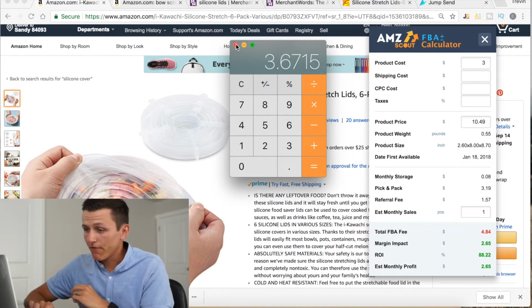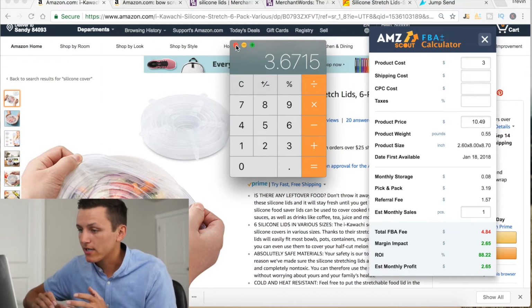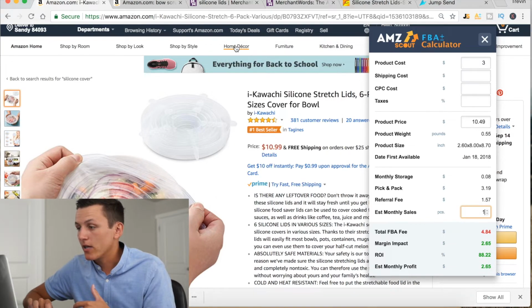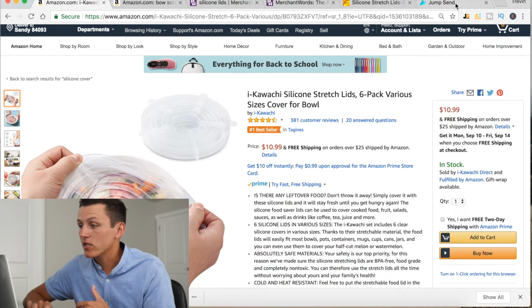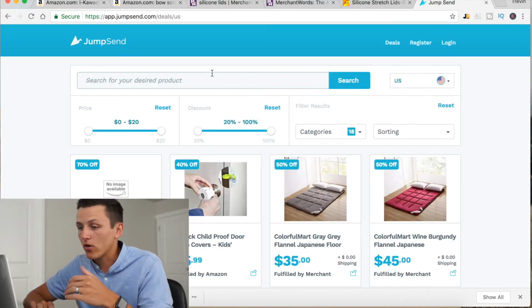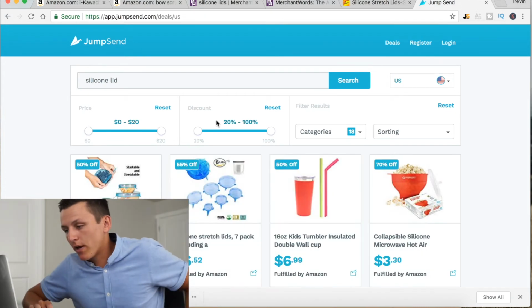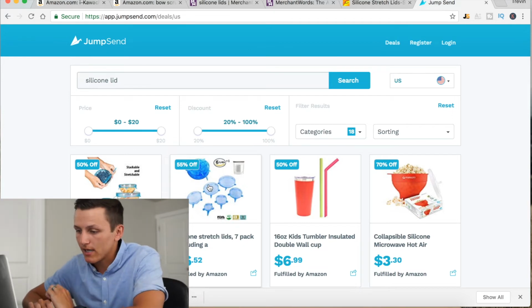So if those two are good, the profit margin is higher than 35%, and you have a product that's in demand with low competition, then you can check to see if it's going to get competitive, if it's just starting to trend, and if other sellers are going to start selling it. So you can go to JumpSend, which is basically a giveaway site where people try to rank their products and give away discounted items so that it looks like they're selling more products than they actually are, and so it ranks their products.